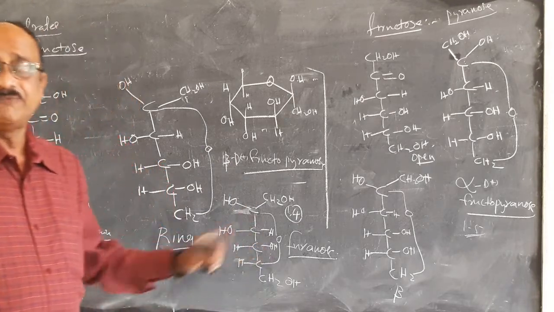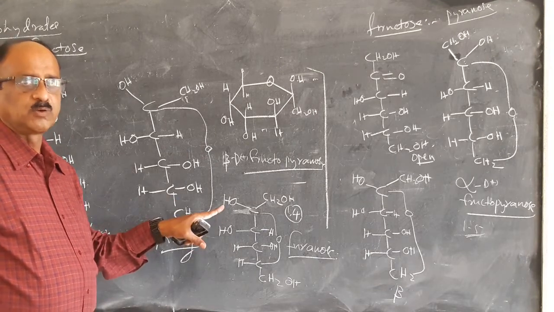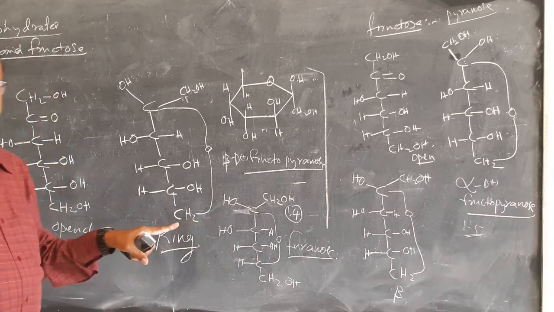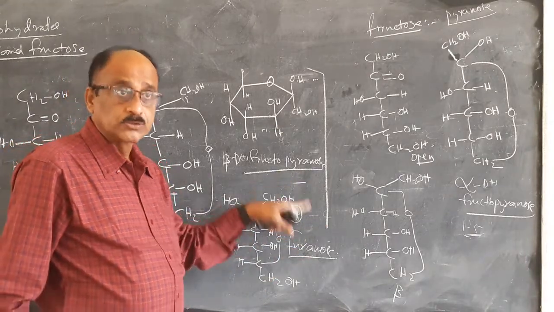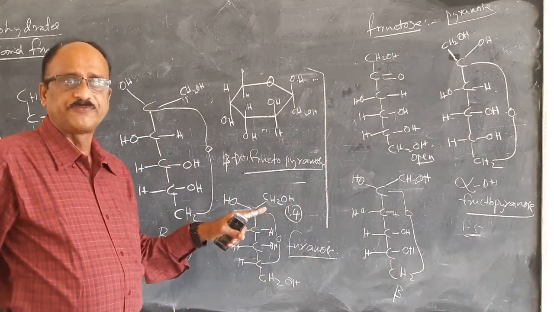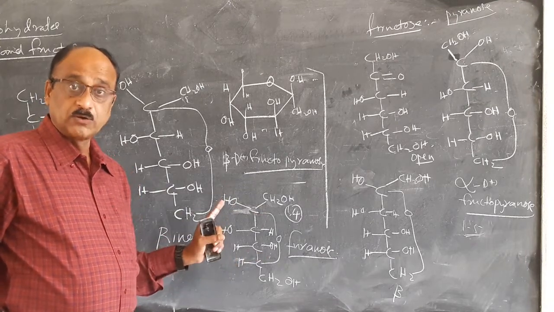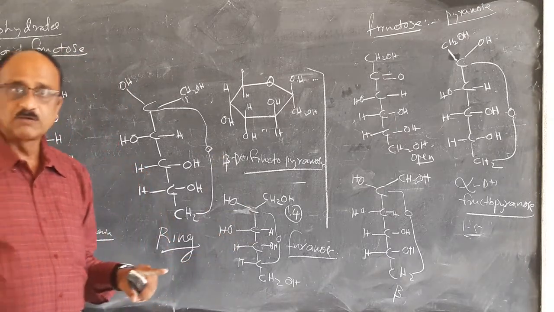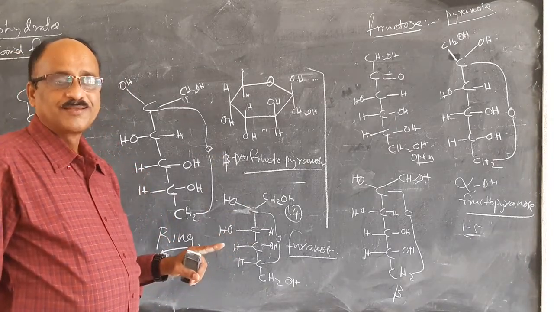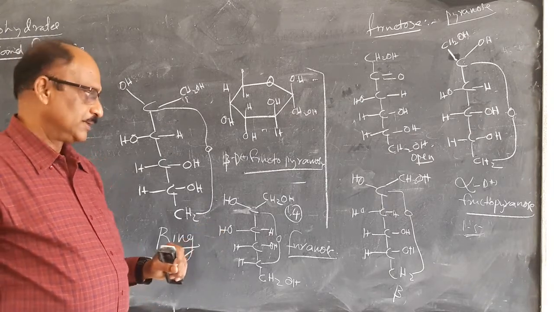But in the case of fructose, it is a part of the sucrose molecule, as I told you already. In the sucrose molecule, one glucose molecule is fused with one fructose molecule. But the glucose molecule is in the pyranose form, a 6-member ring system, and the fructose molecule is in the form of a 5-member ring system.